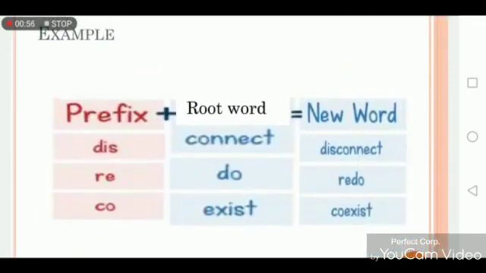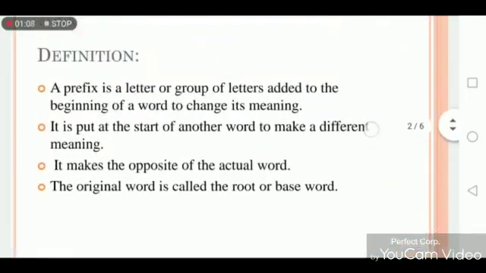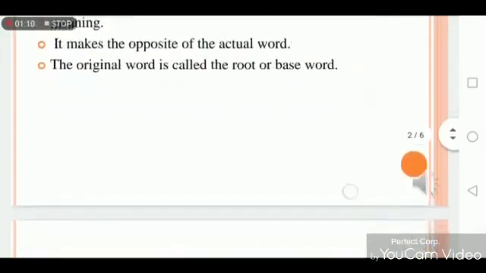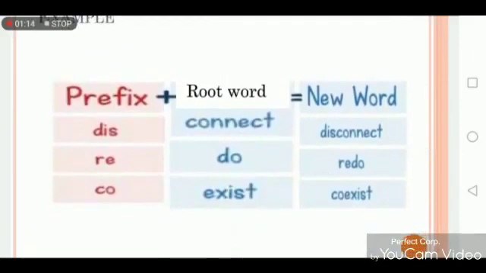Here we have a box containing 3 columns, namely prefix, root word, and new word. As we have discussed earlier, a prefix is a letter or group of letters. So you can see the prefixes dis, re, co are groups of letters.